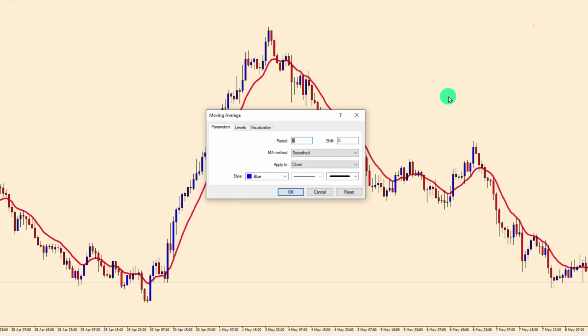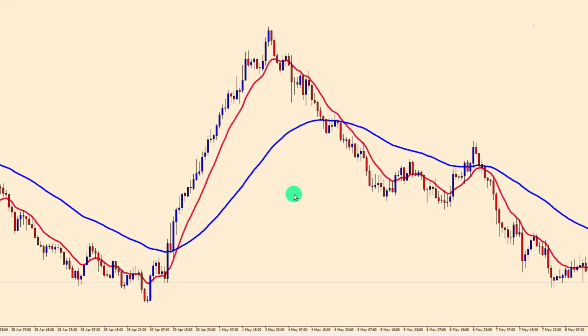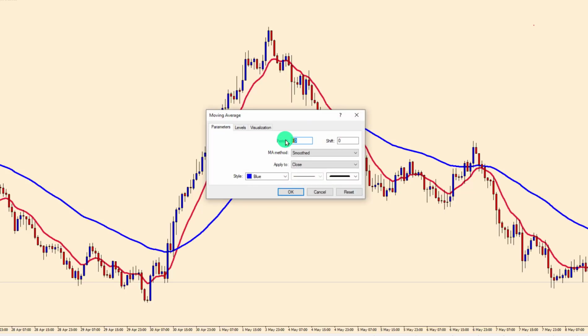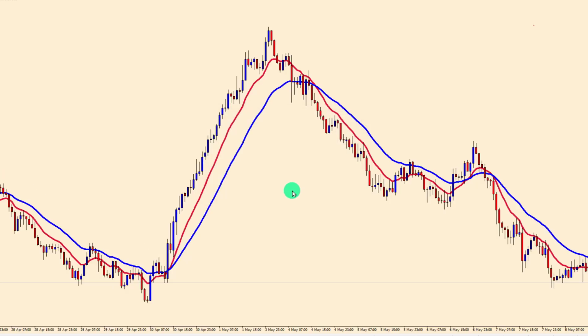Let's do a Fibonacci thing. Okay, 13. So the blue is 13, the red is 6.